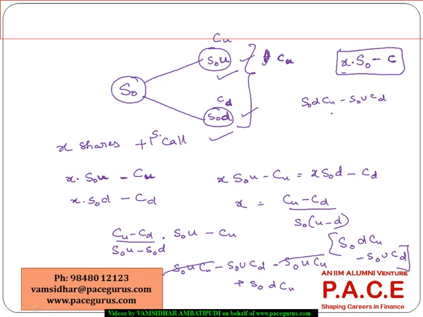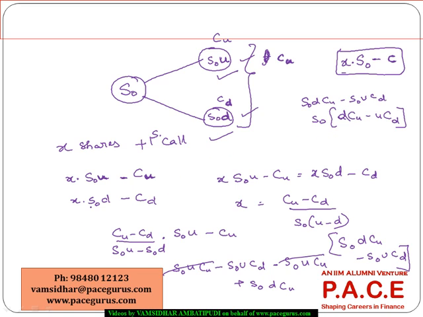Otherwise it is S naught into DCU minus UCD. This is the kind of price that typically comes out, and I can very well take the risk-free rate of return, because this is the worth of the portfolio in any case.